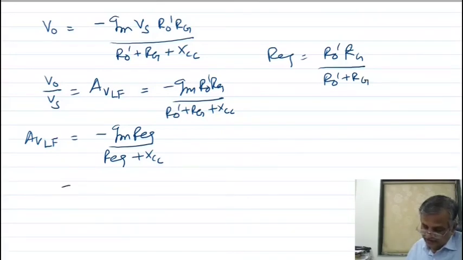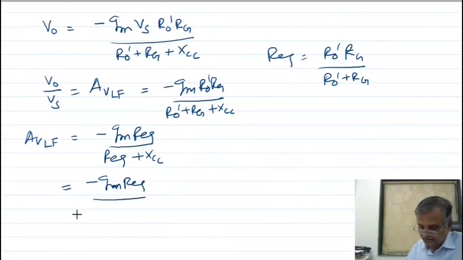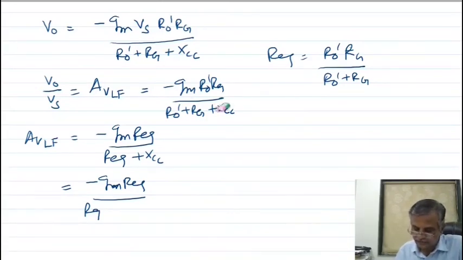So I can write minus GM R equivalent upon... here I am slightly making a change in a step. I have done some steps, I have to write here like this.